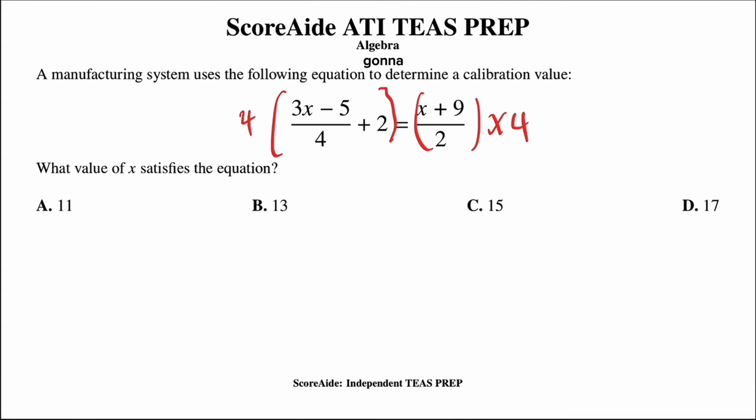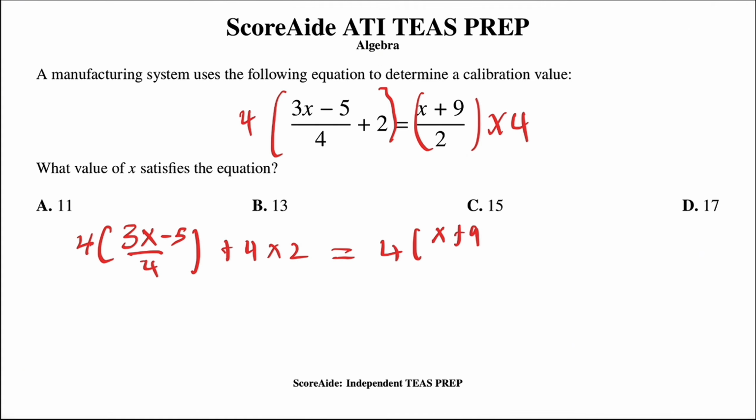When we do that, we are going to have 4 into (3x minus 5) over 4, plus 4 times 2, which is equal to 4 into (x plus 9) over 2.